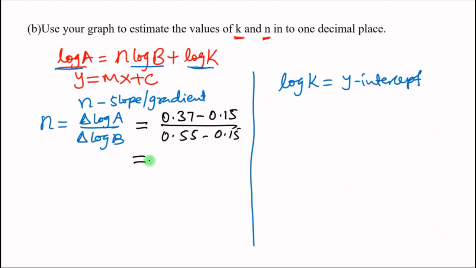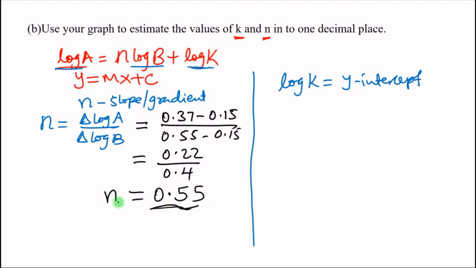So I get 0.37 minus 0.15, which is 0.22, all over 0.55 minus 0.15, which is 0.4. So if I divide them, I will end up getting 0.55. So this is the gradient, so that's the value of n.